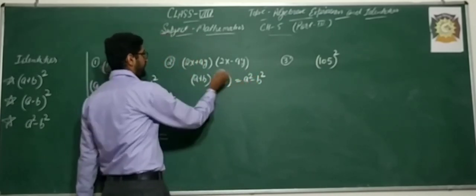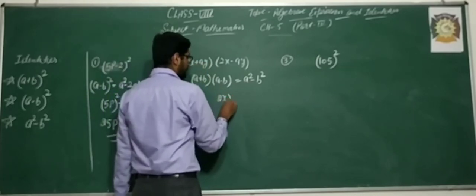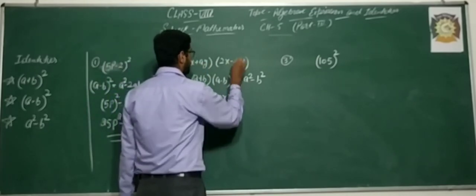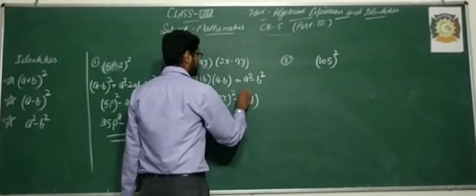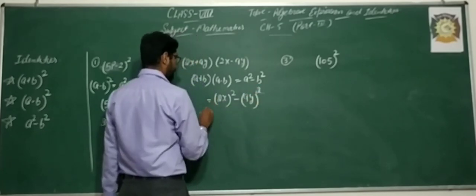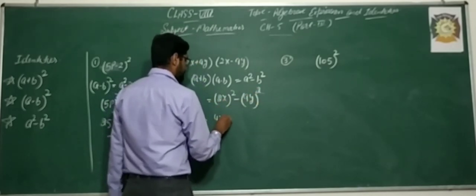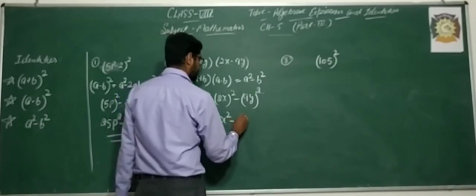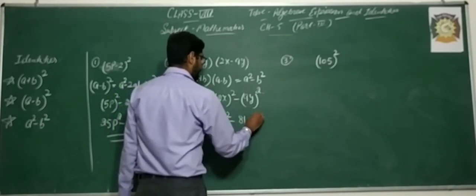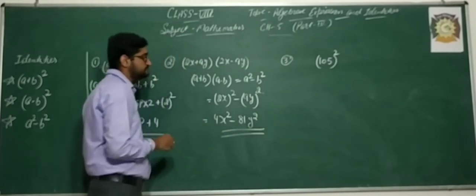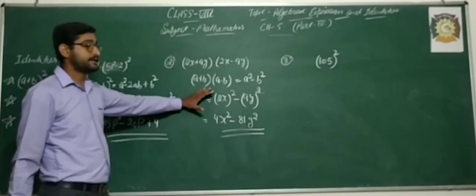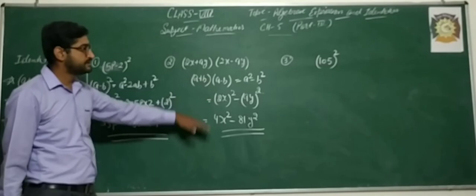Here the value of a is 2x, so this will be 2x square, and the value of b is 9y, so this is 9y square, and when we solve this, this is 4x square minus 81y square. So this is related to the identity a square minus b square.